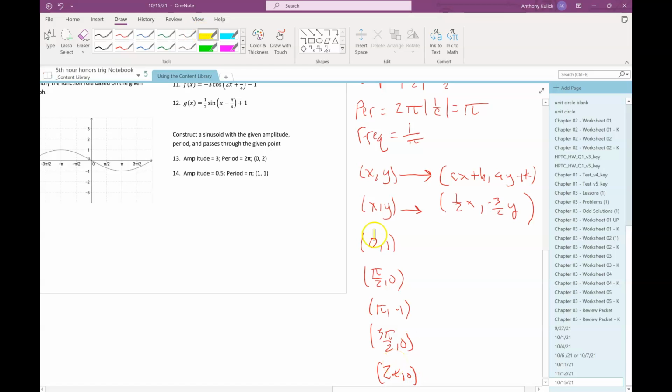And now all I'm going to do is take the x's and plug them into the x in our formula, and take the y and plug them into the y in our formula. And I'm just going to do that for each of the points. That's correct.